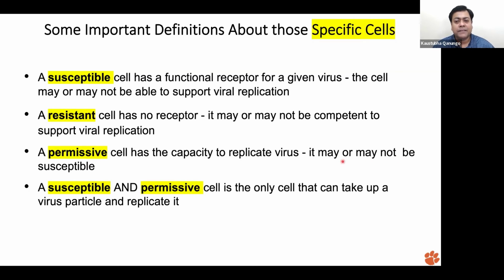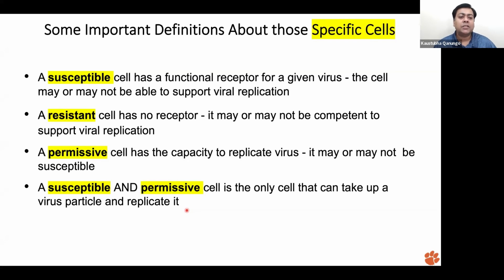If a permissive cell is susceptible, it has to have a receptor. It may not be susceptible means that it does not have a receptor. So a permissive cell line could be susceptible, or a permissive cell line could be resistant. Just make sure that you have this concept. I have written that clearly in your notes, so you should not have any problem.